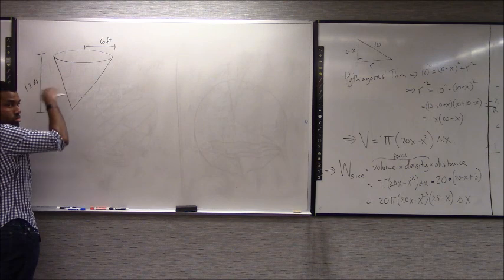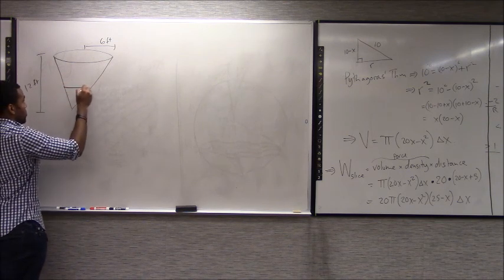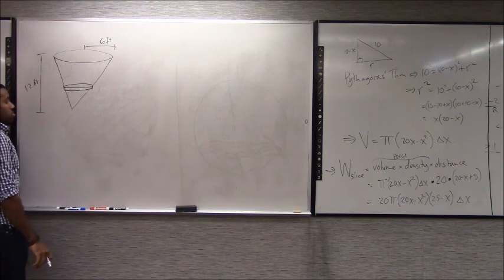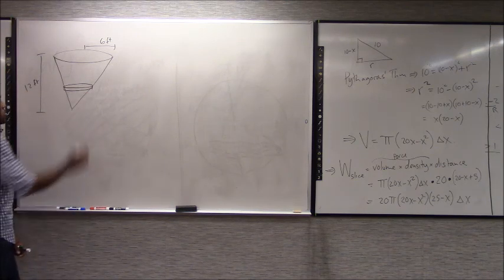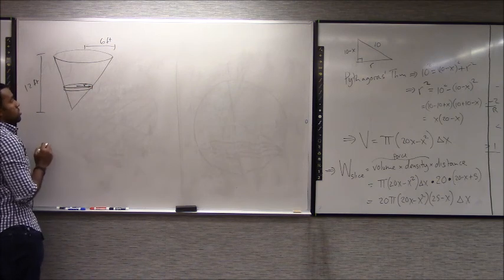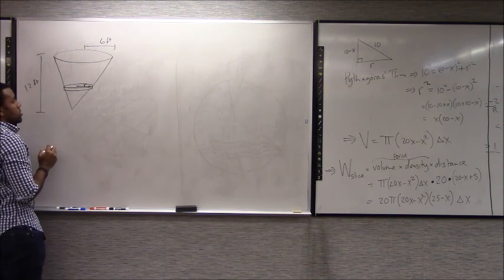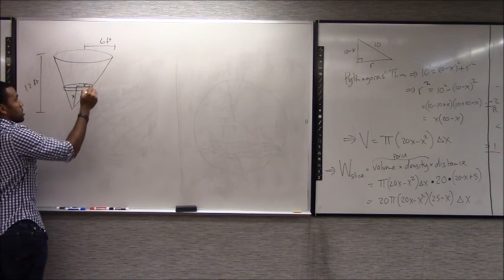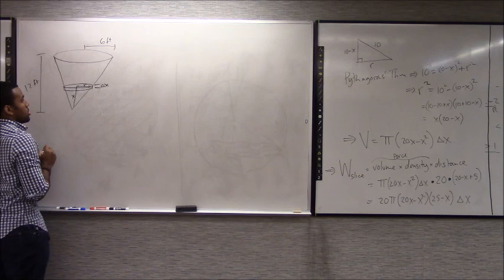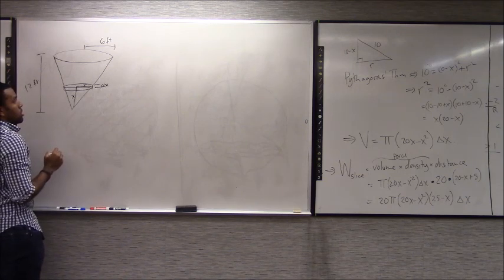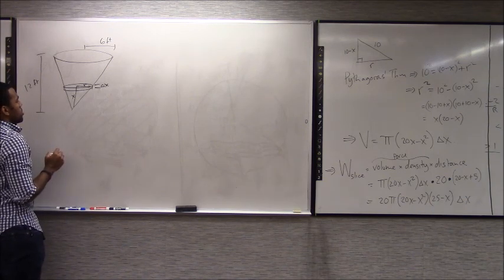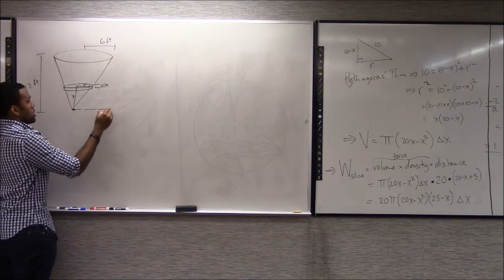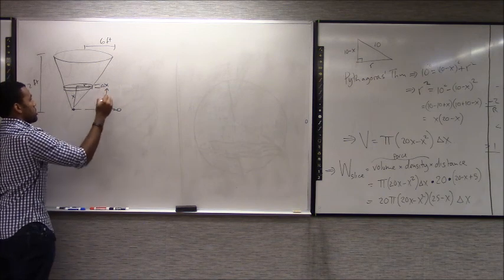And we called that radius r. And then the height from the bottom to that would be x. Then we did the delta x on this side. Where's your origin? At the bottom? Yeah, this is x equals 0, and you're measuring the height of this as x.